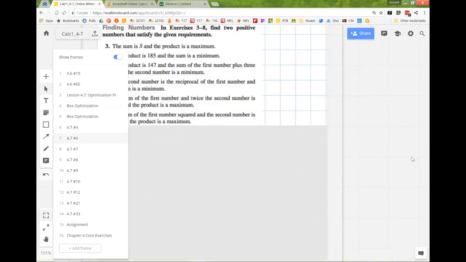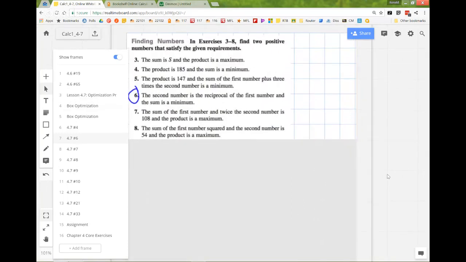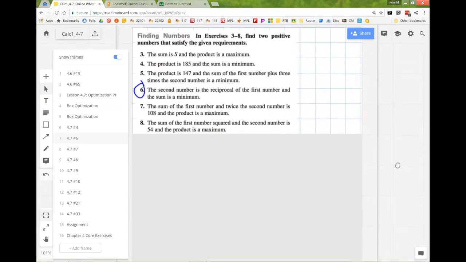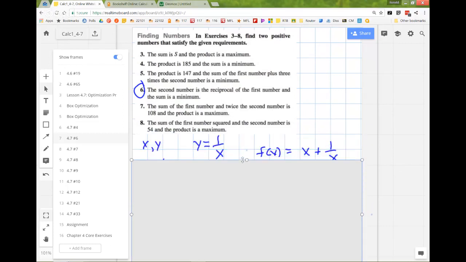So, here we go. The second number is the reciprocal of the first number, and the sum is a minimum. So we have a minimum sum again. But that first part, the second number is the reciprocal of the first number. So when we pick our two numbers, x and y, the second number, y, is the reciprocal of the first.